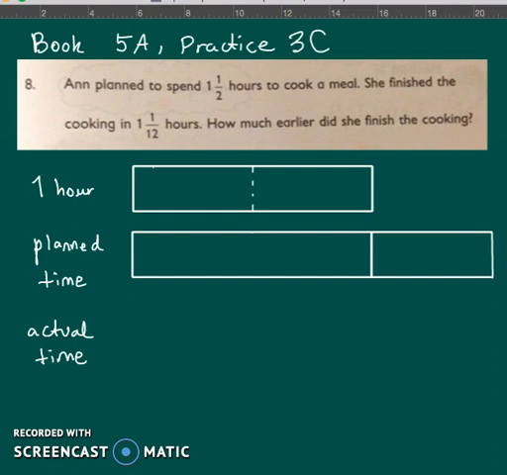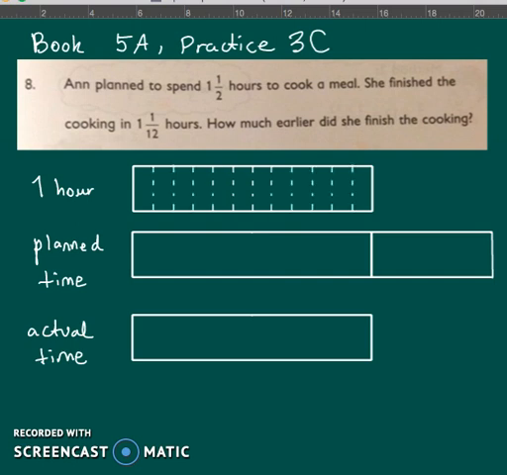So to start off with, first she spent 1 hour cooking, and then she spent an additional 1/12 of an hour cooking. So now we're going to have to divide our original 1 hour into more fractions. We're going to, in fact, need to divide it into 12 fractions, just like that, to find 1/12 of that bar.